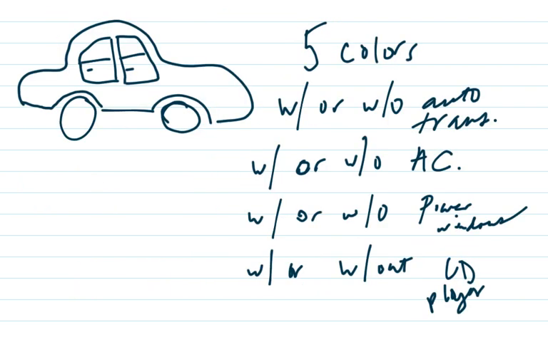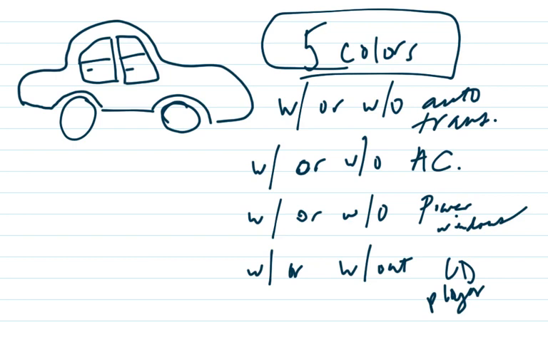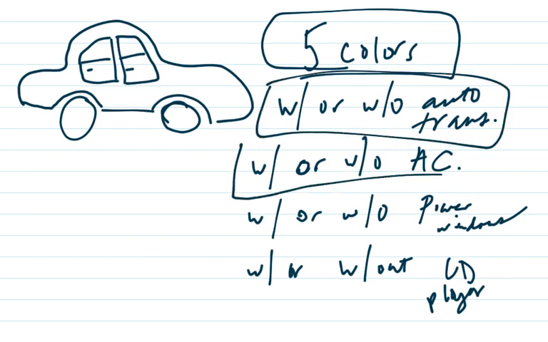Let's think of the next example. We have a car. You can order a new car with the choice of 5 possible new colors. You can get it with or without automatic transmission. You can get it with or without air conditioning. I mean, we live in Texas, so I would never purchase a car without air conditioning unless I really had to.